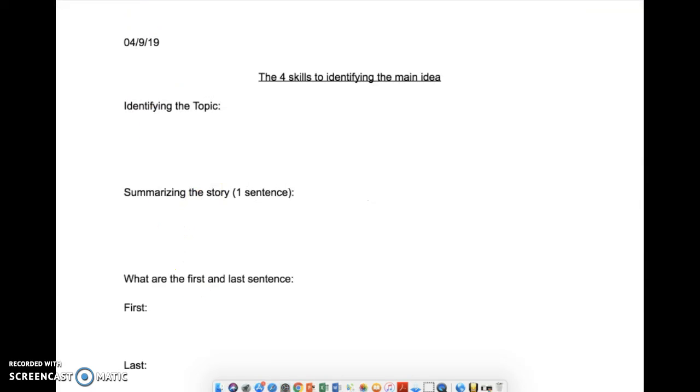So here we are at the worksheet, identifying the topic. The topic is news anchors in Toledo. I shall always capitalize places.